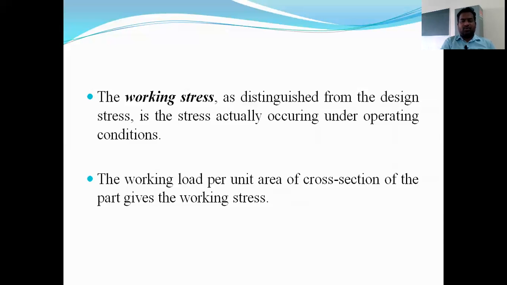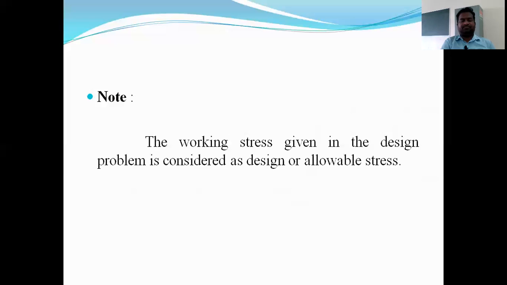So here the workload per unit area of cross section of the part gives the working stress. We know that working stress means working load by unit area. Working stress is equal to working load by unit area. So the stress value we get when we are in actual working condition is the working stress. Before going into working stress, we assume mathematically that this component will be suitable for these design values, and those values are different. So design stress is different, and working stress is different.